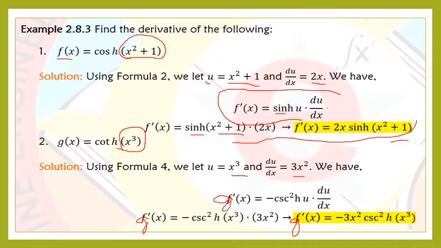So just bring down negative hyperbolic cosecant squared and then replace u by x cubed, because that is our u, times 3x squared, which is du over dx, the derivative of our u, x cubed. Simplifying, g prime of x is equal to negative 3x squared hyperbolic cosecant squared of x cubed. So this is the derivative of example number 2.